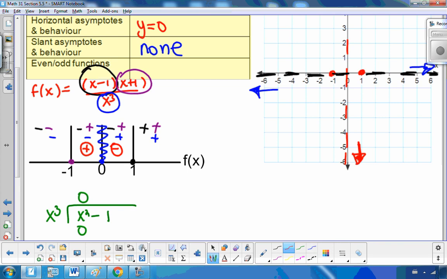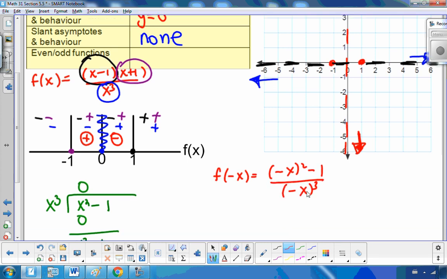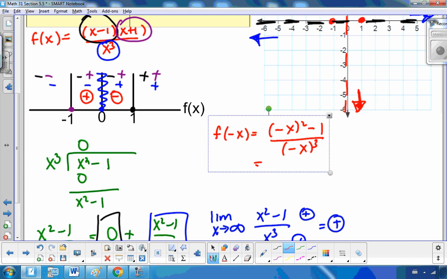So now I just look at my even versus odd. So I'll look at f of negative x first. So that's (negative x) squared minus 1 over (negative x) cubed. So that's just equal to (x squared minus 1) over negative x cubed.